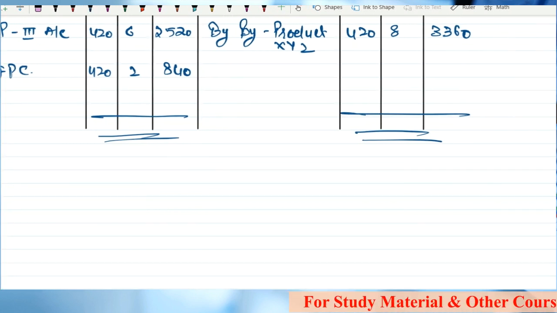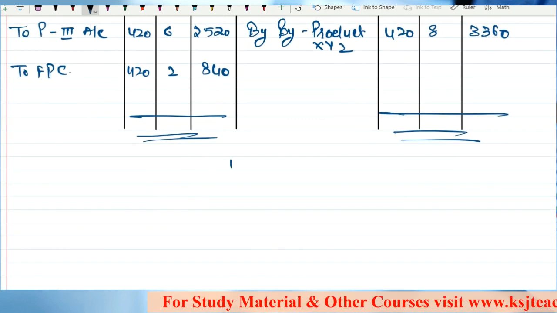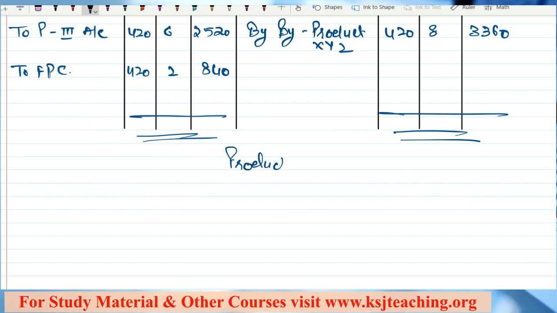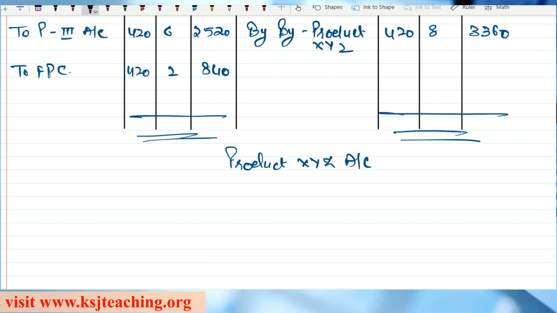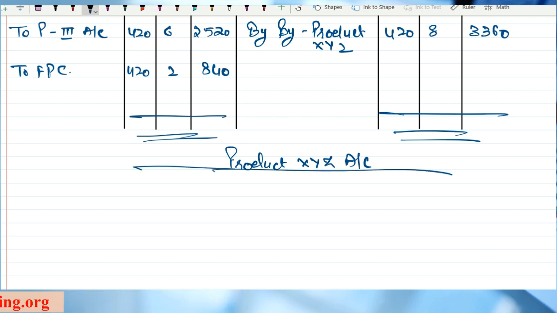Now, after this, if you are asked to prepare product XYZ account. Now it is not a process account, it is a product account, right? It is basically a product account.